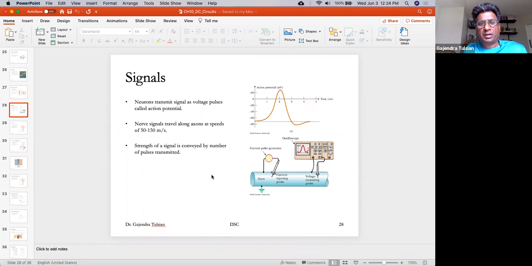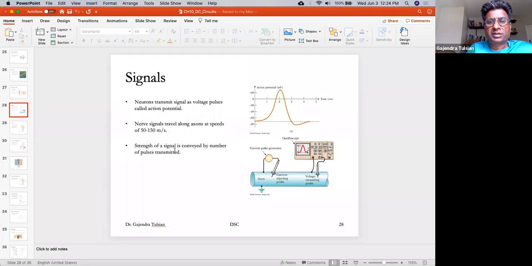So this is a nerve impulse, and this travels at about 100 meters per second. The fastest human can travel at 10 meters per second, so this is about 10 times faster.